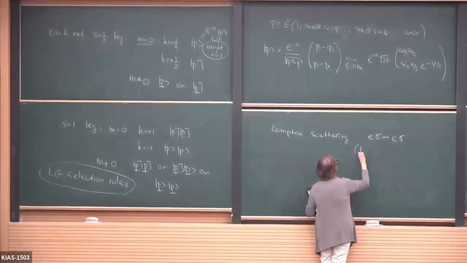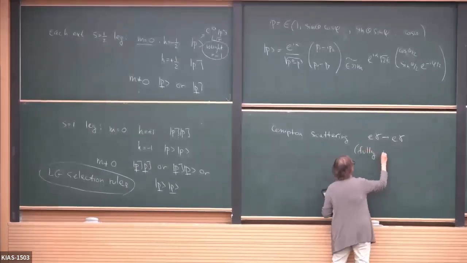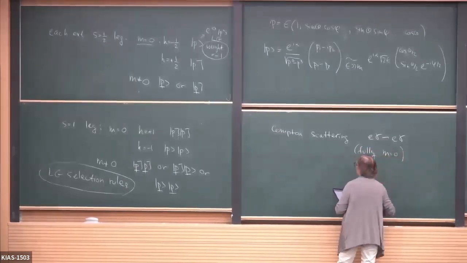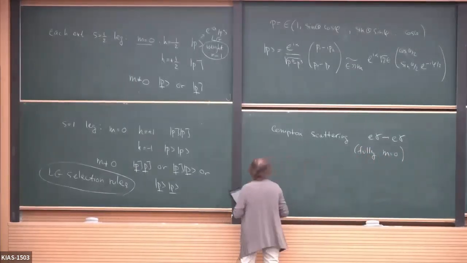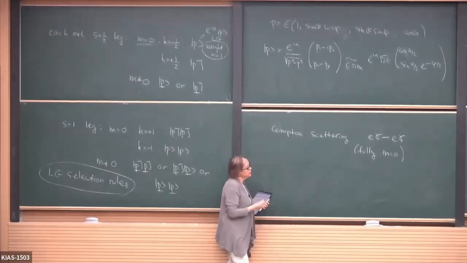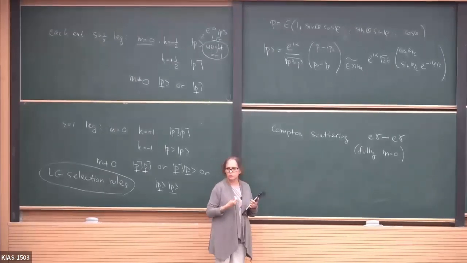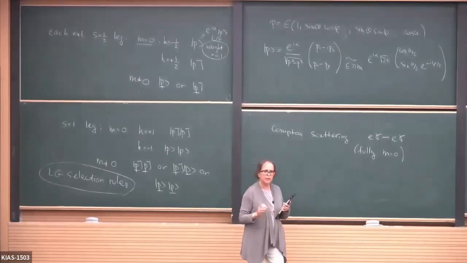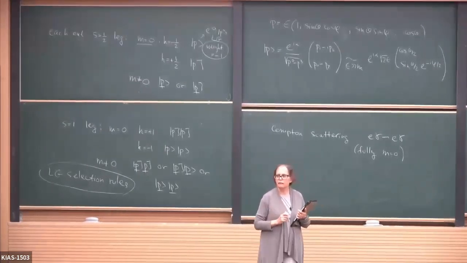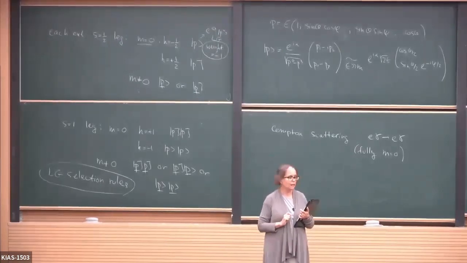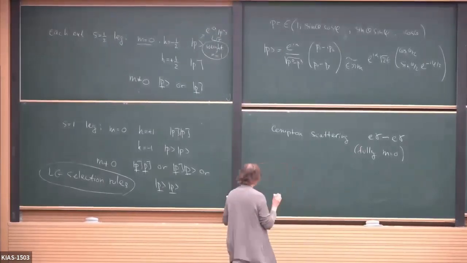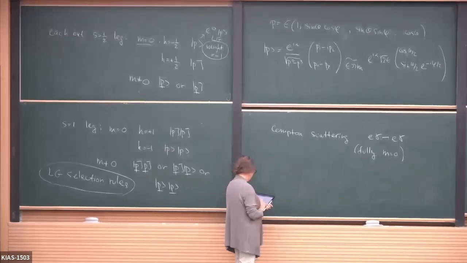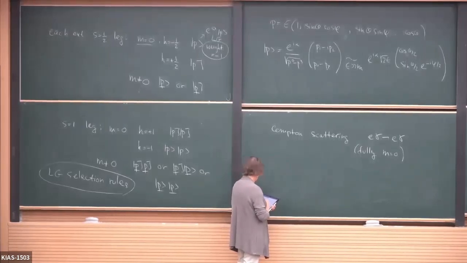Everything is going to be fully massless here. And I'm not going to do it. It's in the notes, but I want you to actually go through it. And this is going to be the homework, and we can discuss it in the discussion session today. It's very easy, so it shouldn't take that long.